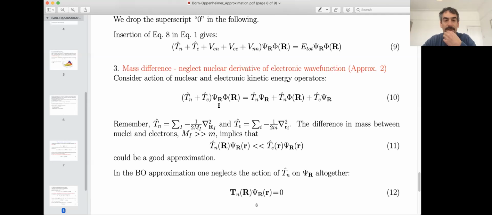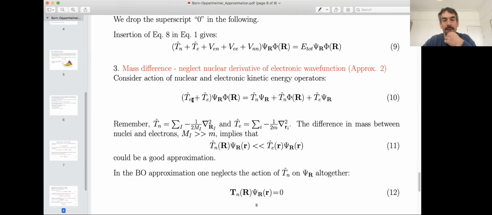So it's important to realize that this operator acting on that wave function basically includes the Laplacian of the nuclear coordinates. This is not just a constant, because it depends on all the nuclear coordinates.